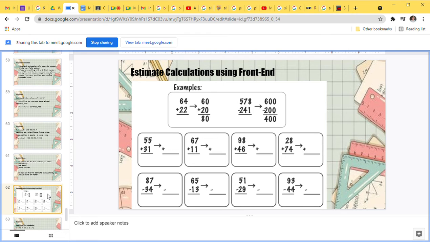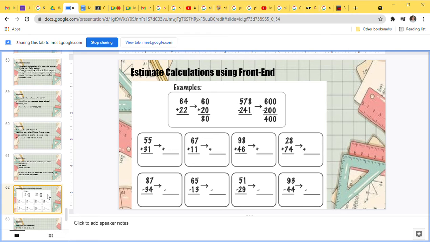The next question: if we round off 28, what do we have? 30. And if we round off 74? 70. So 30 plus 70 gives us 100. Very good.